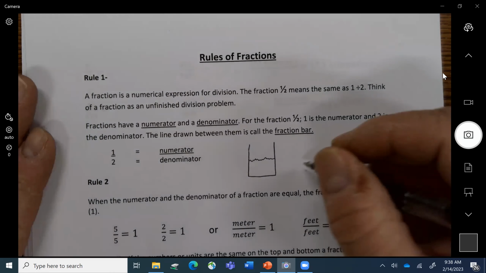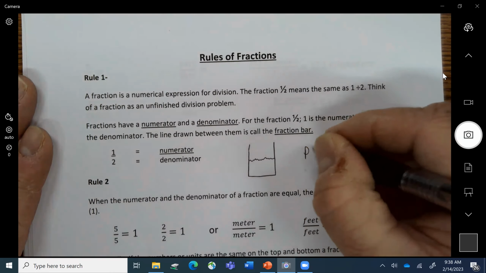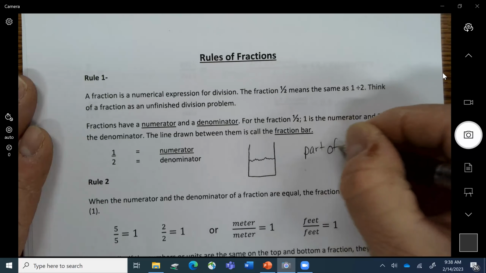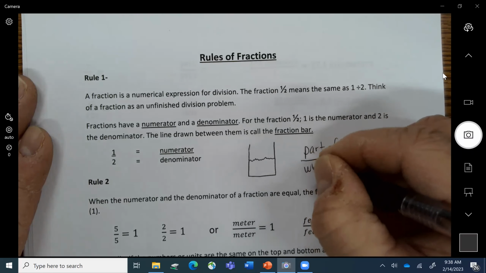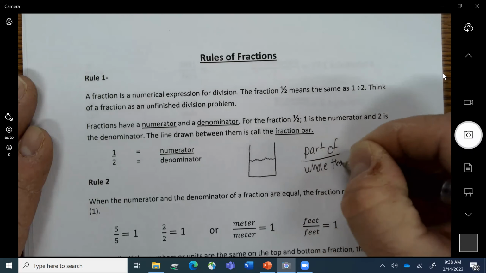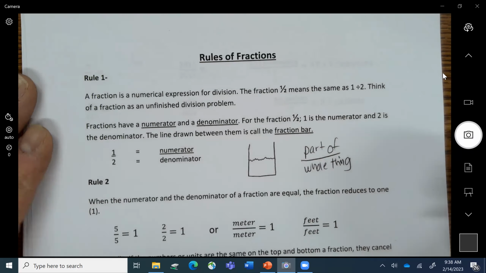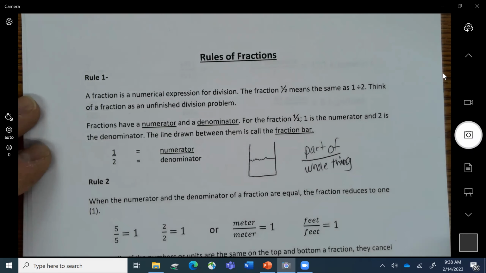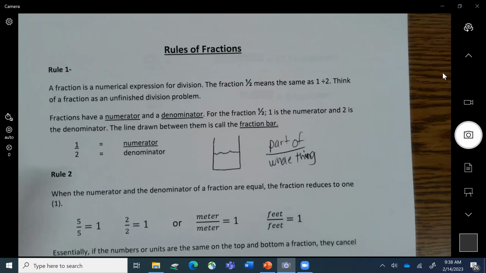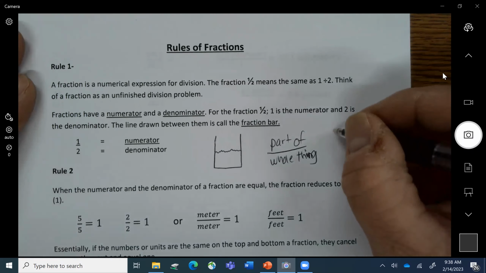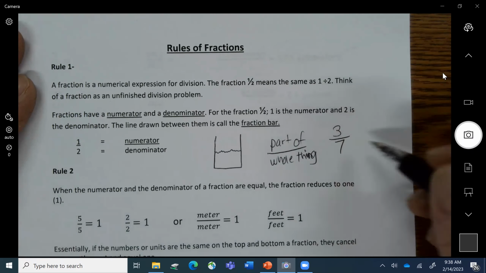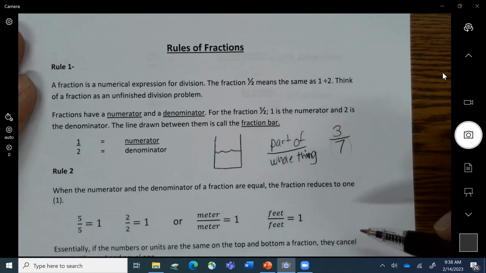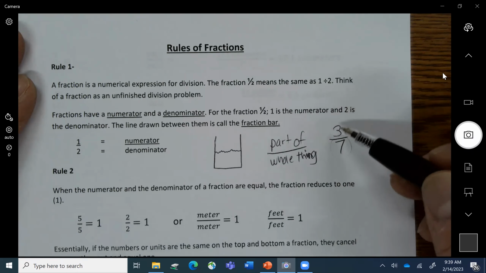So really a fraction is saying you have part of the whole thing, regardless of whatever the whole thing is. If I said you have 3/7, that means whatever it is, there's 7 of something and you have 3 of the 7.